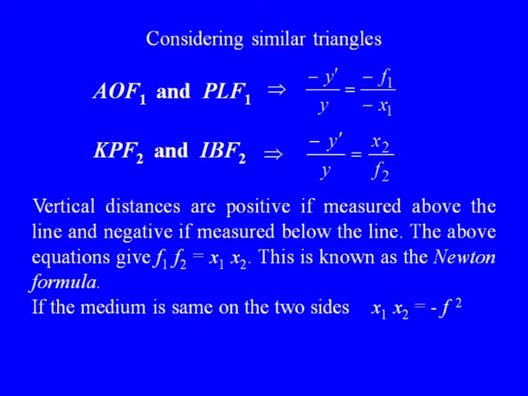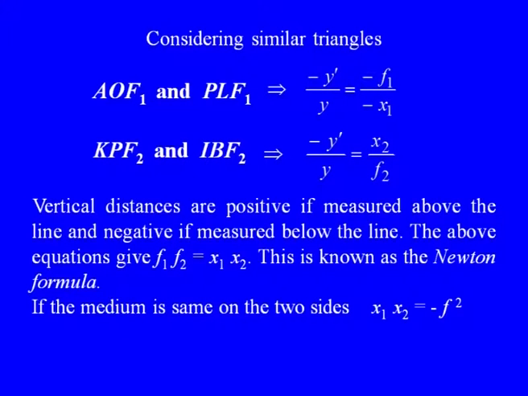Similarly, from the other set of similar triangles, the ratio minus y prime to y is equal to x2 to f2. The above equation gives the relationship f1 f2 is equal to x1 into x2, and this is known as Newton's formula. If the medium is the same on the two sides, as is the situation in most cases, the formula now is x1 x2 is equal to minus f square.